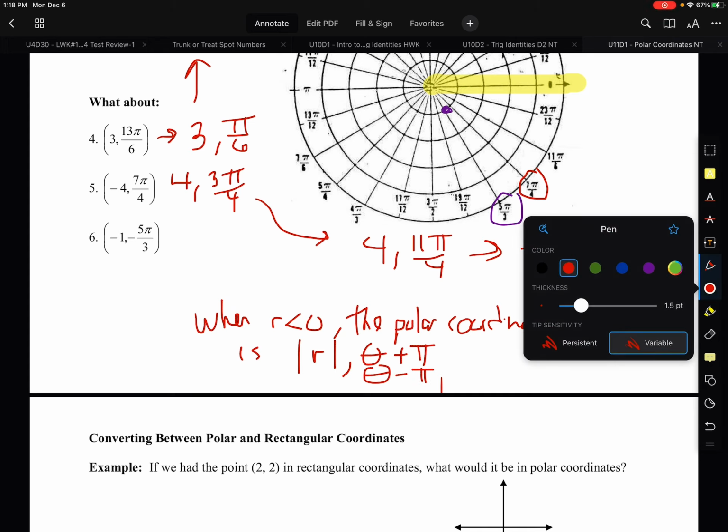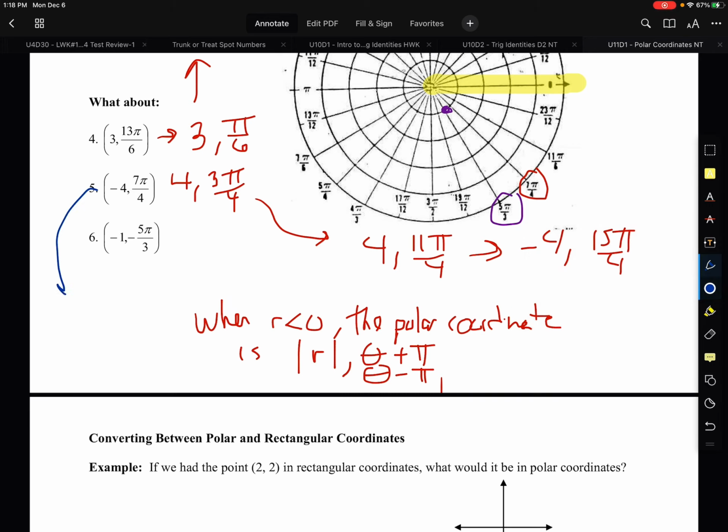So if we look at our examples, with this negative, the absolute value of negative 4 is 4. Then if we add pi to pi over 4, we have 11 pi over 4. If we subtract pi, we would have 3 pi over 4. So both of these are acceptable positive answers for negative pi over 4.